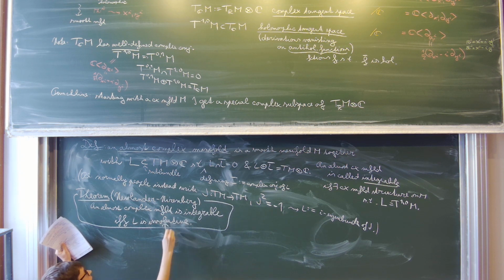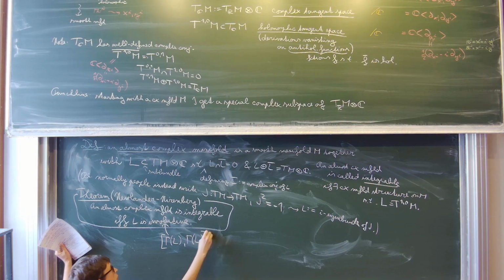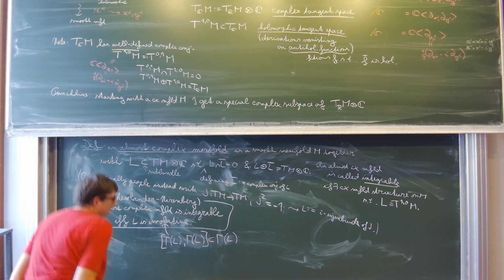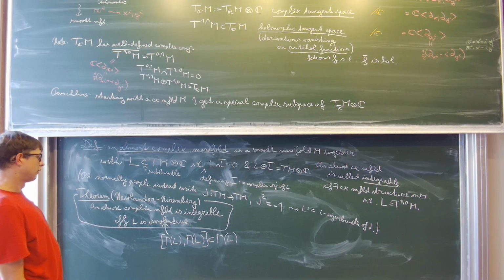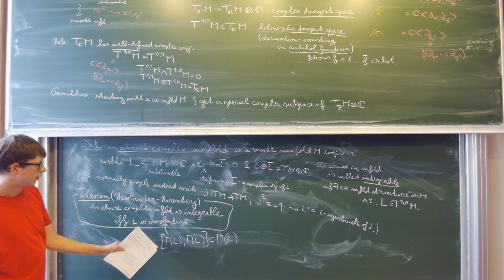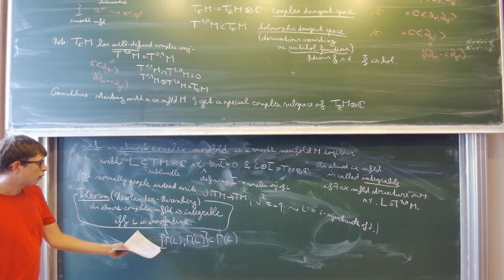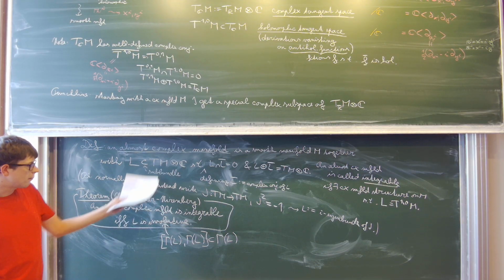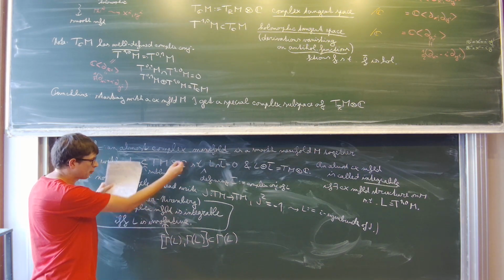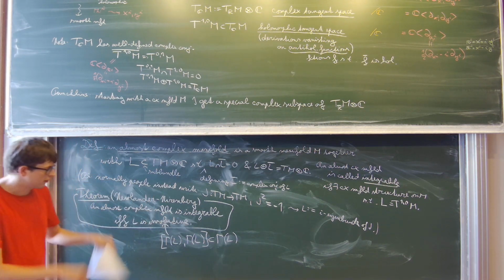Which means that if you take two sections of L, one section and another section, and take their commutator, then this thing will be a section of L. Of course, the commutator of vector fields lives on sections of TM, but here I'm just extending it in the obvious way to allow multiplication by complex numbers, complex linearly.